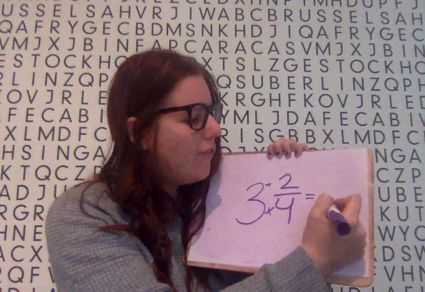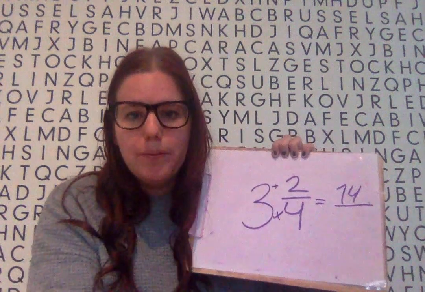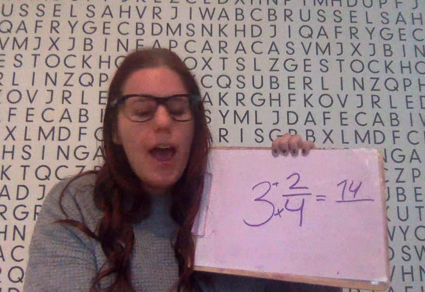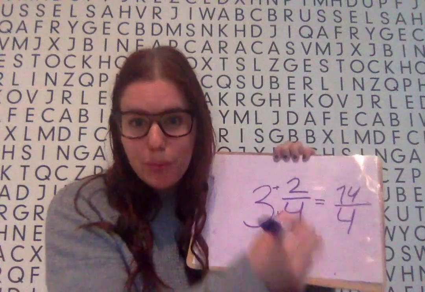Very good. Plus 2. Exactly, we would have 14. And remember, 14 goes up top, and our denominator will always stay the same, because all it's telling us is how many pieces we're going to break our number into. So we would get 14/4.